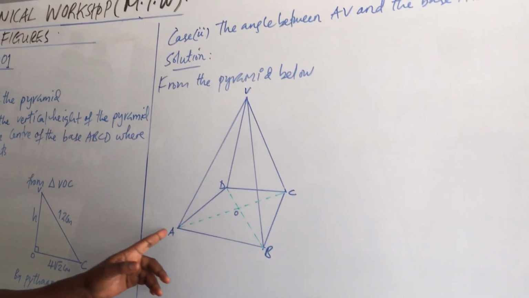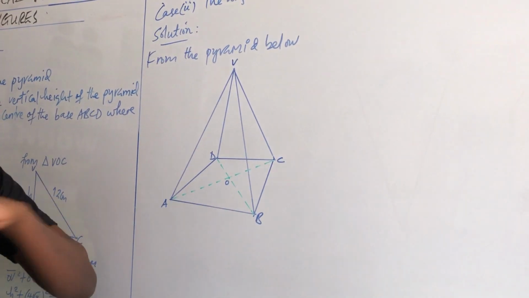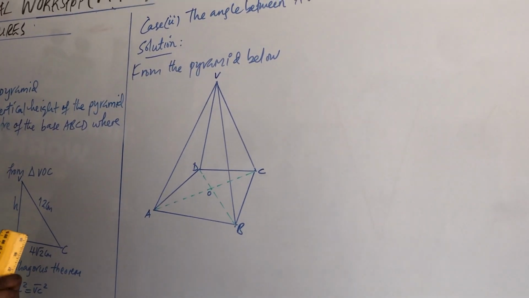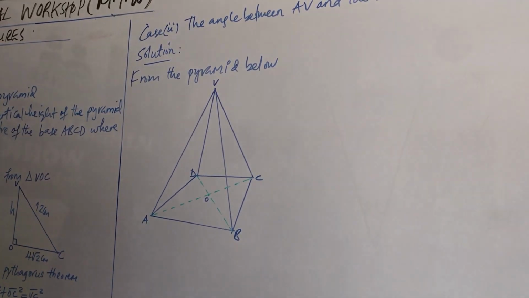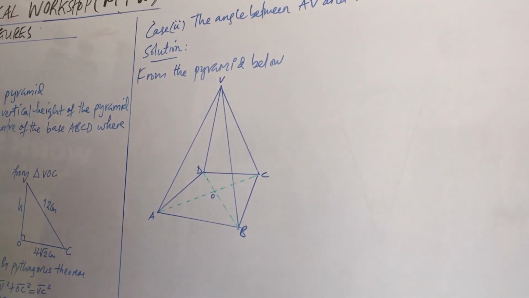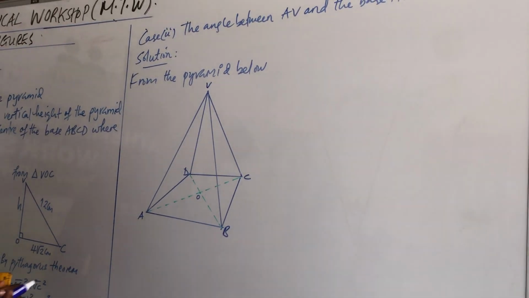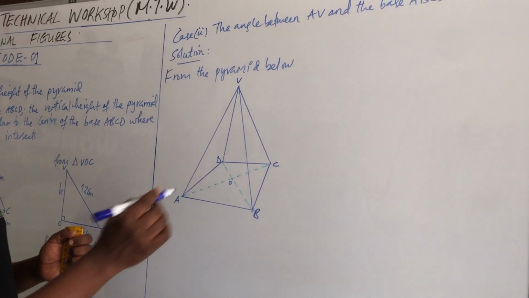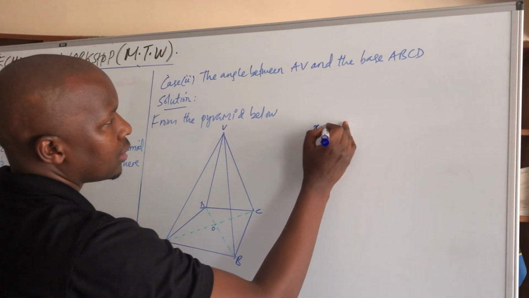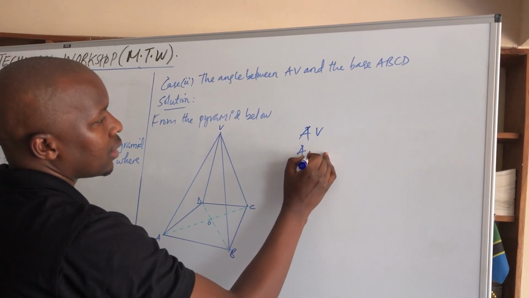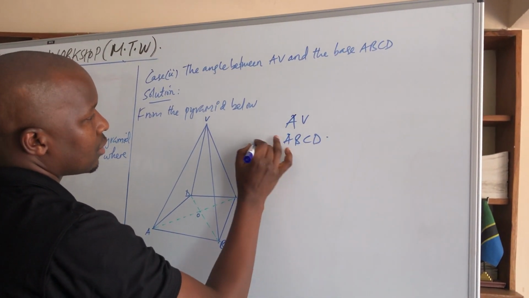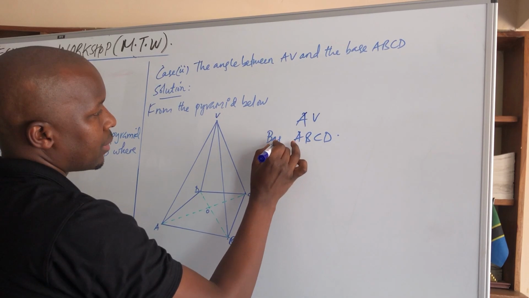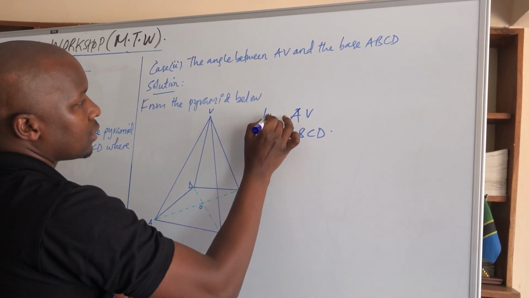Now case 2, we are required to find the angle between the line AV and the base ABCD. We start by finding where the angle lies. We can use the technique of projection. This is the base, or the plane, and this is the line.